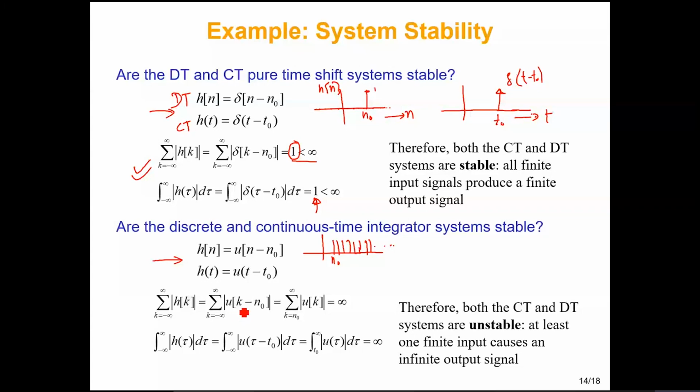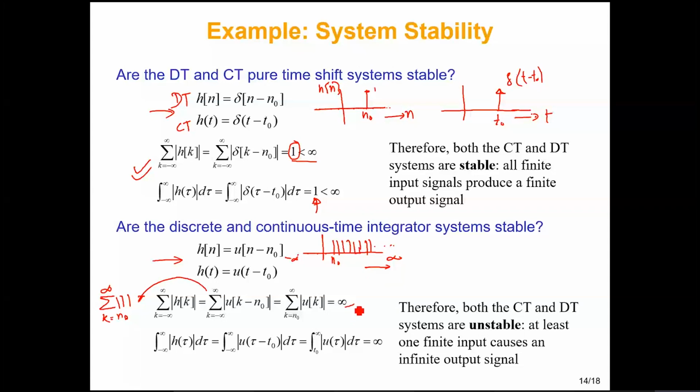The way I would do it would be, we know that this particular step signal is 0 from minus infinity all the way to n naught, and only from n naught all the way to infinity it becomes 1. So it would be summation k equal to n naught till infinity of 1.